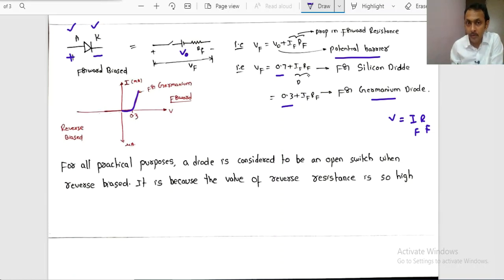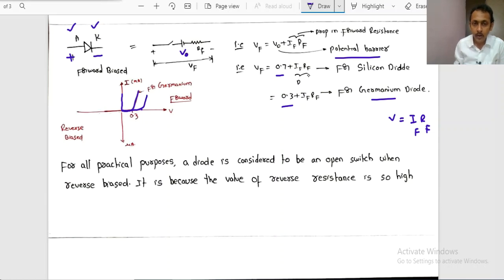If it is an ideal or perfect diode, at zero potential itself it should come into conduction, but that is not the case for a practical diode, right? The moment it has crossed the barrier potential, it comes into conduction. If it is silicon, we can observe it somewhere at 0.7 volts, up to that voltage it will bear. From 0.7 volts onwards, there will be conduction in the diode, right?